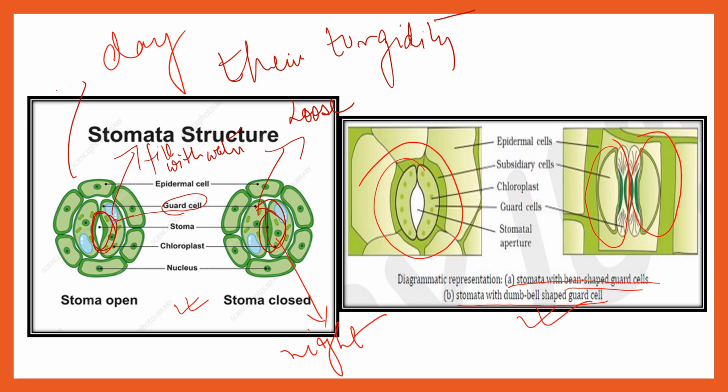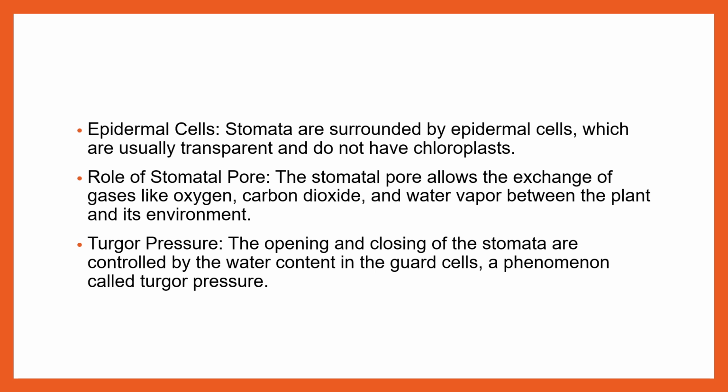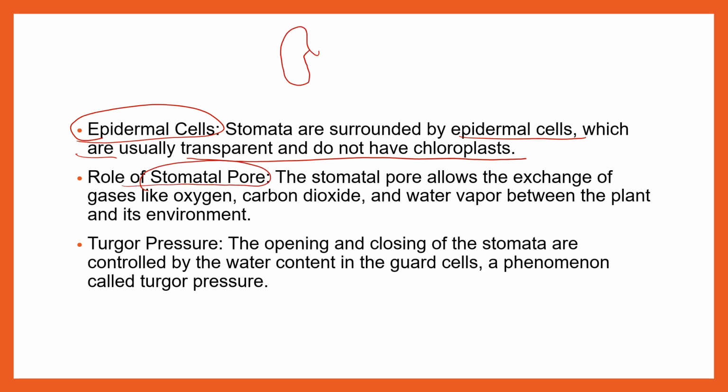Now let us see what are the raw materials for photosynthesis. Now, the stomata is surrounded by certain epidermal cells, which are usually transparent and do not have chloroplasts in them. So, what is the role of the stomatal pore? We have seen that these are the guard cells, and inside this the stomatal pore is there.